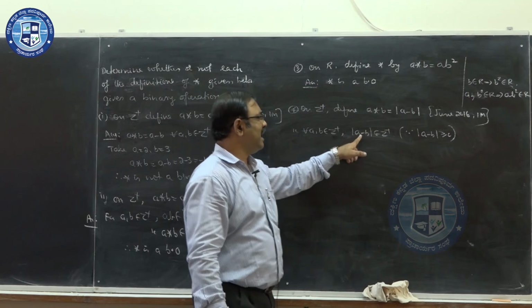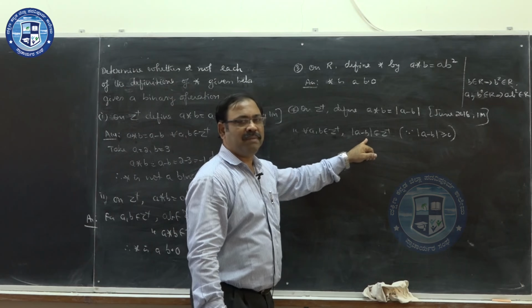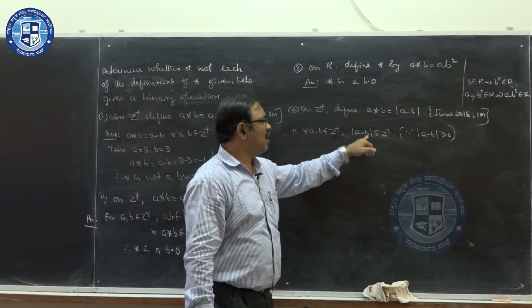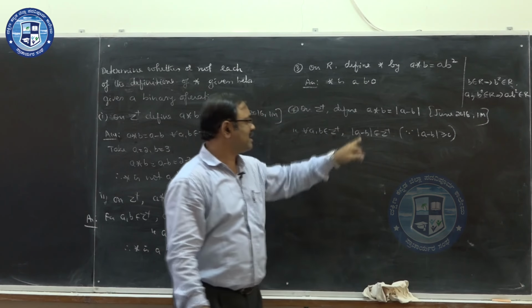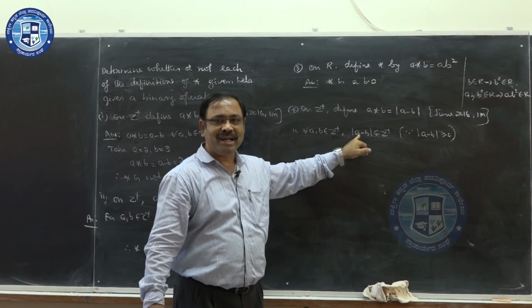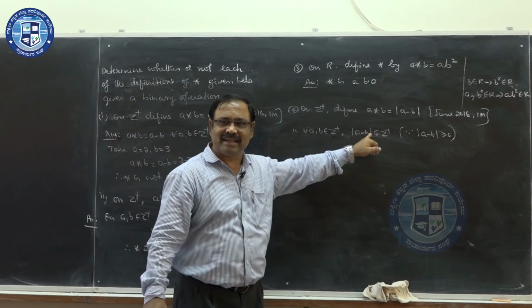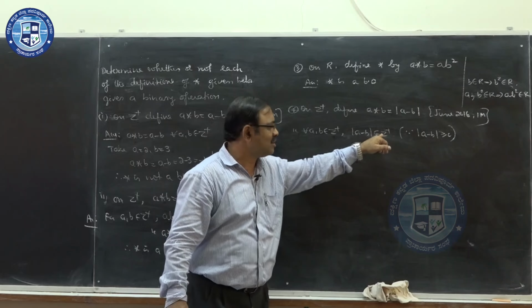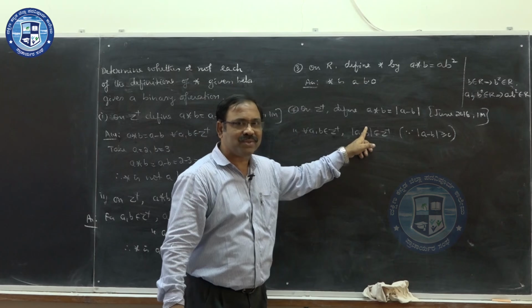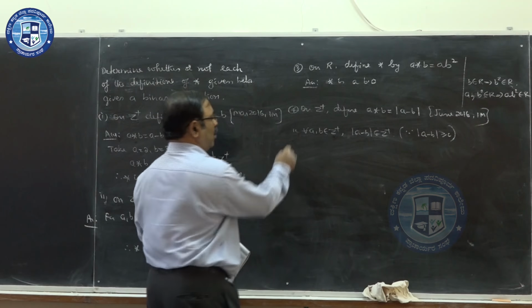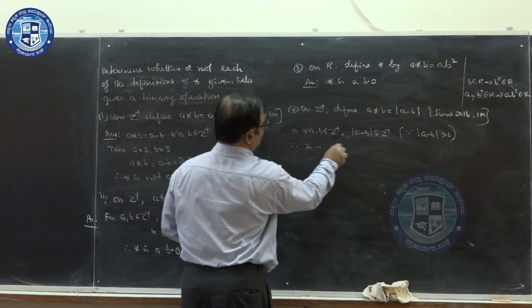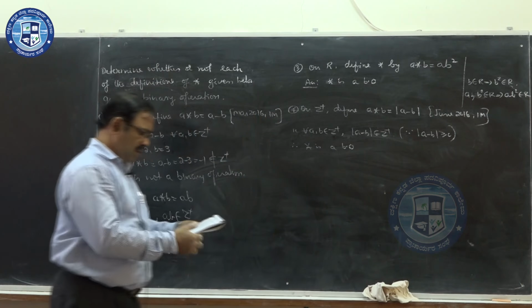Even if A minus B becomes negative, because of the modulus it becomes positive. See, 2, 3 belongs to Z plus. Substitute 2 minus 3, which is minus 1. Does it belong to Z plus? No. But mod of minus 1 is plus 1, and it belongs to Z plus. Therefore, star is a binary operation.